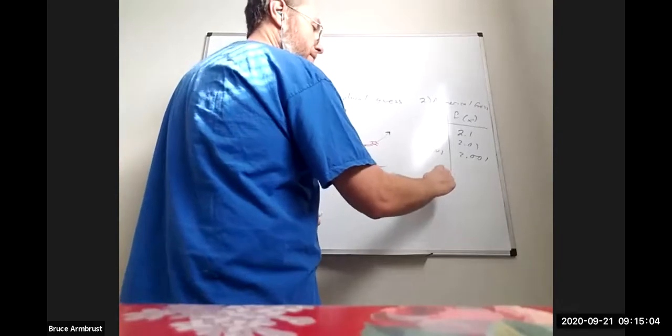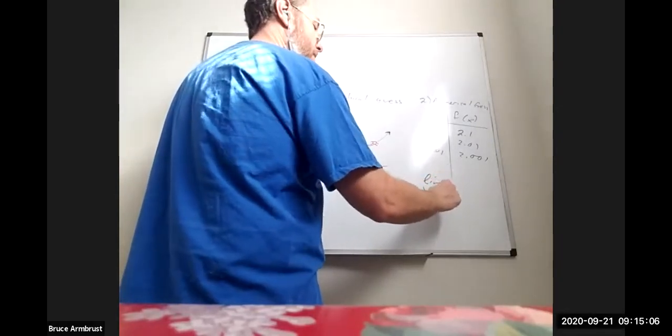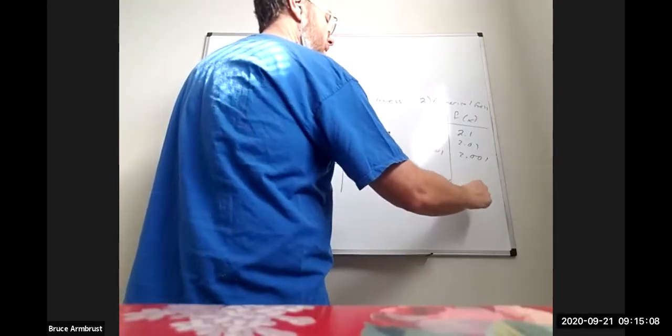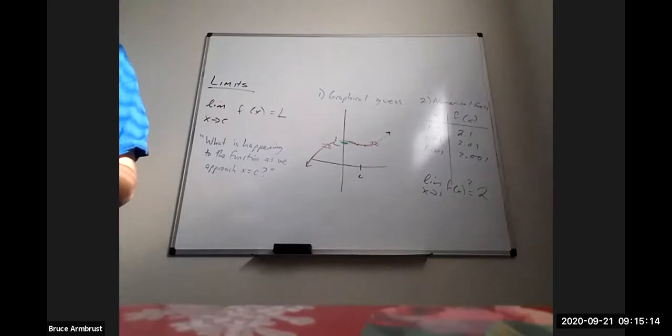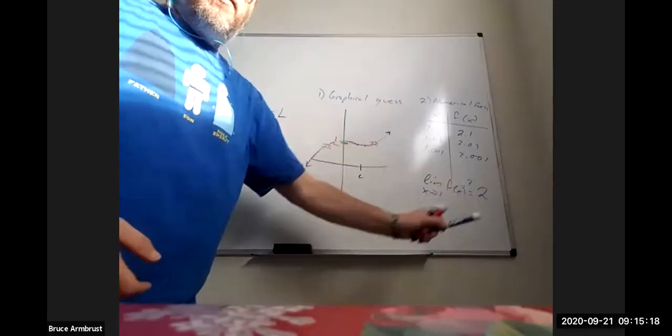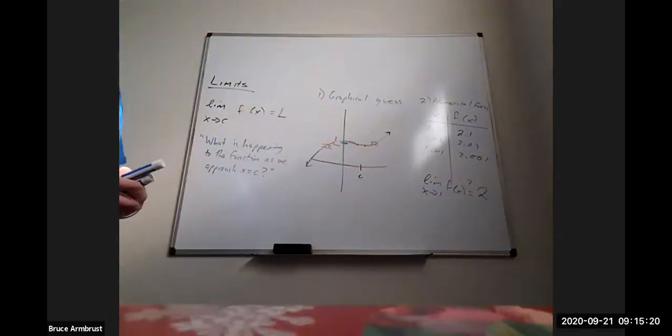So this would lead me to a guess of 2. Anytime I do this with numerical approximations, I always put a question mark over it, because I don't know. I have a good guess, but I don't actually know.